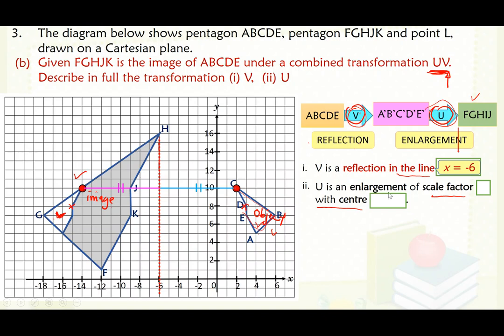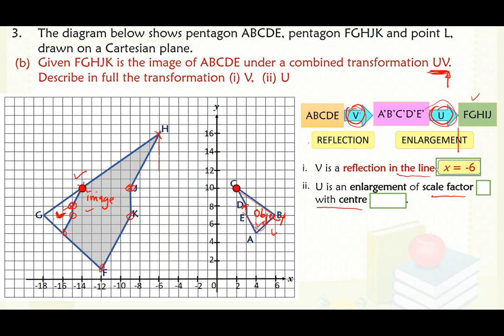U is an enlargement of scale factor with center 1. I want to find the corresponding point for these two diagram. So this is the corresponding point. This is the corresponding point. This is the corresponding point. This is the corresponding point.